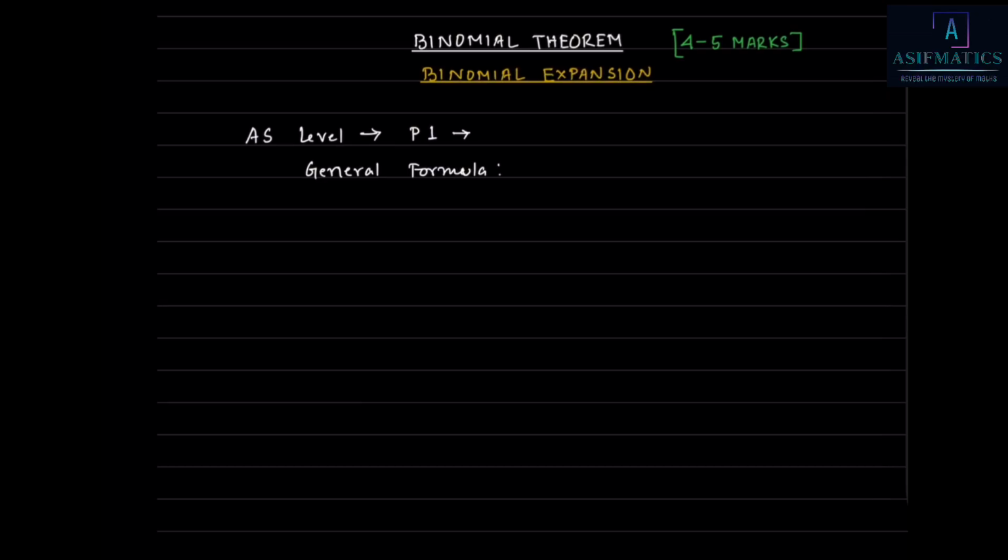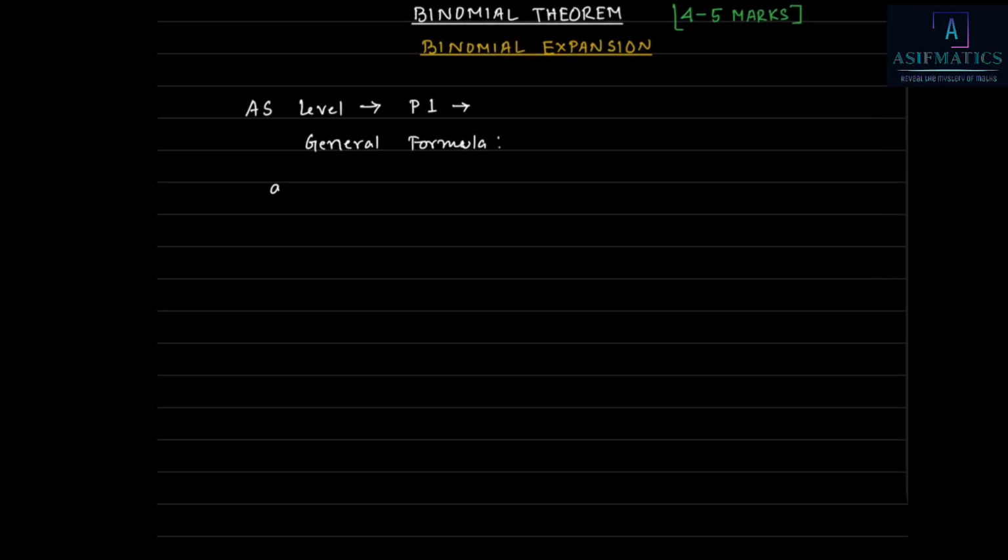This one was (a plus b) to the power n, and the expansion was a to the power n plus nC1 a to the power n minus 1 b to the power 1, plus nC2 a to the power n minus 2 b squared, and then you can go to nCr a to the power n minus r b to the power r.